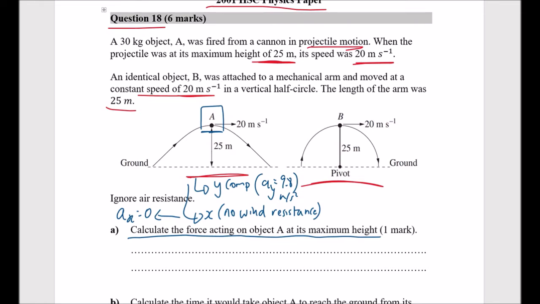The only force we need to take into account is the weight force, which is the force pulling the object down. So that's mass times acceleration due to gravity. Acceleration due to gravity is going down, so we're going to point that as the downwards negative direction. So it's 30 kg times minus 9.8.